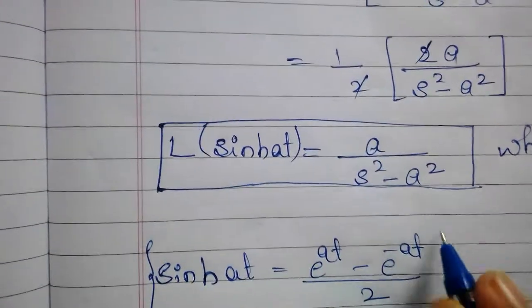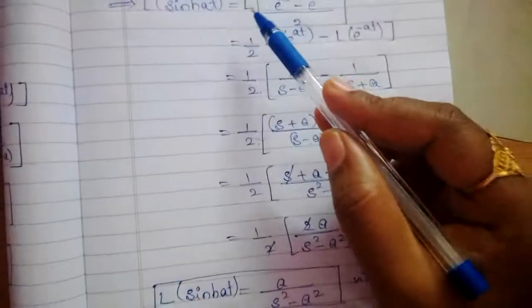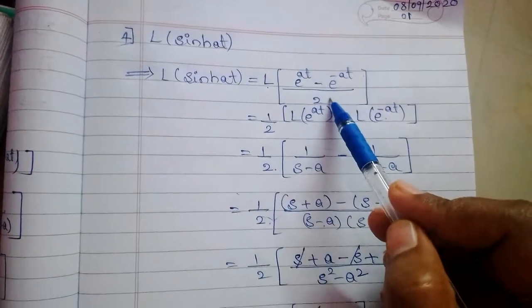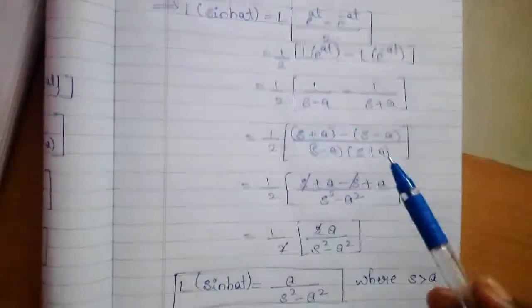You have to remember this one. Here we have to use this result, that is Laplace transform of e raised to at minus e raised to minus at divided by 2. Then apply Laplace to this one, take 1 by 2 constant outside.